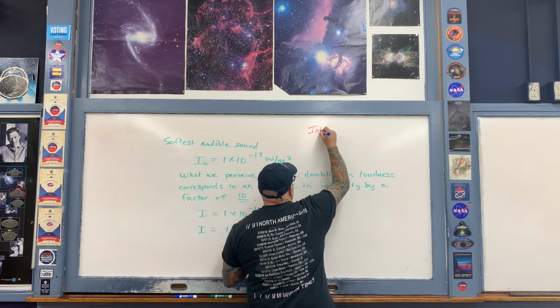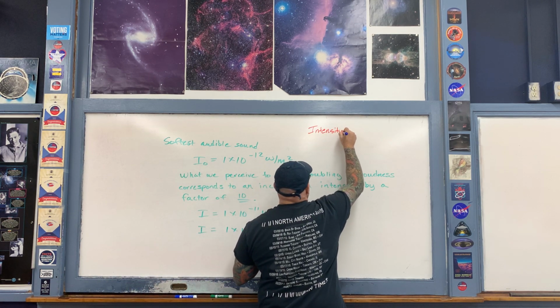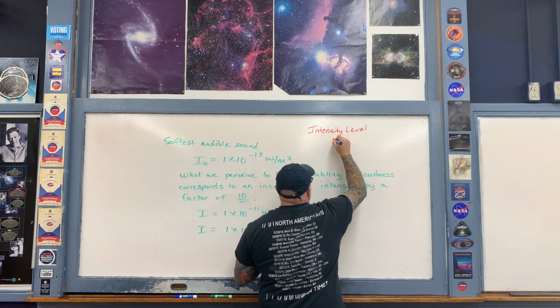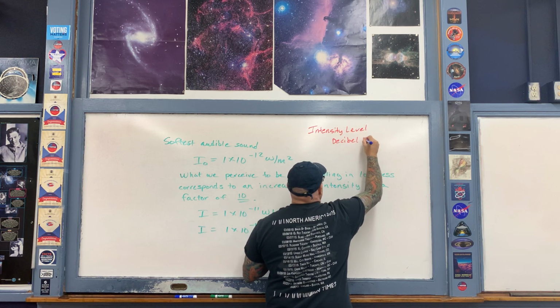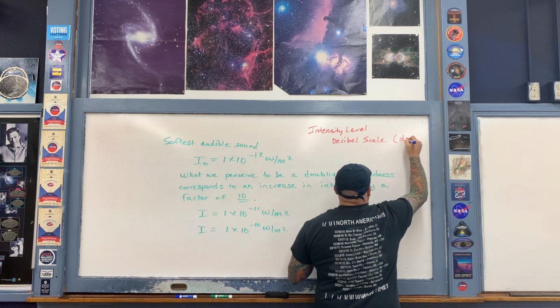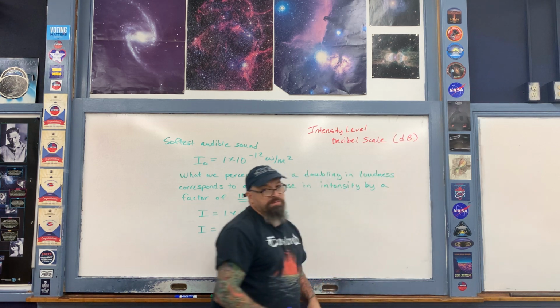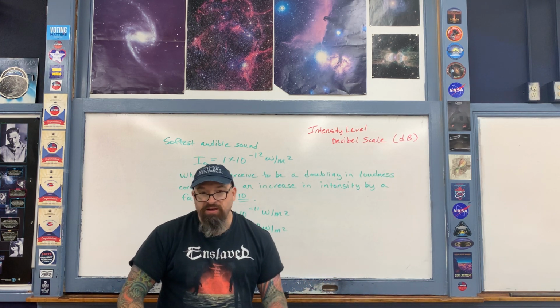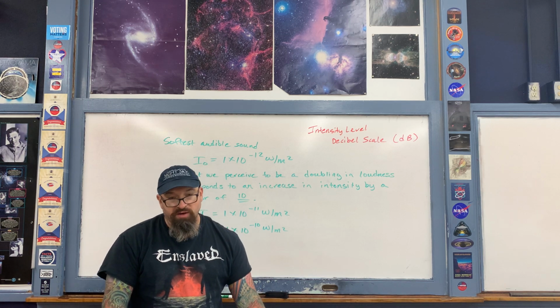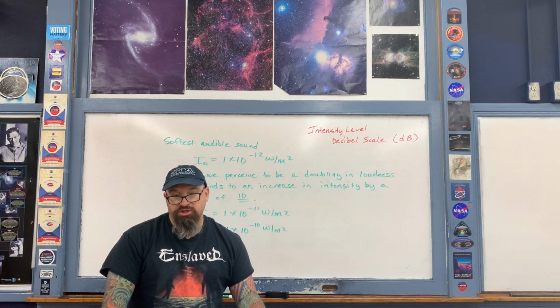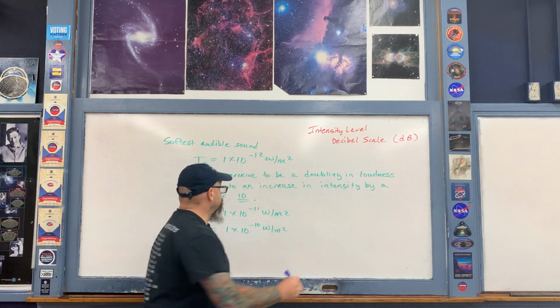So this is sometimes referred to as intensity level. And this is what is called decibel scale. Decibels is abbreviated as dB. Okay, the scale itself is defined in terms of I0, the softest audible sound. By definition, I0 is 0 decibels.